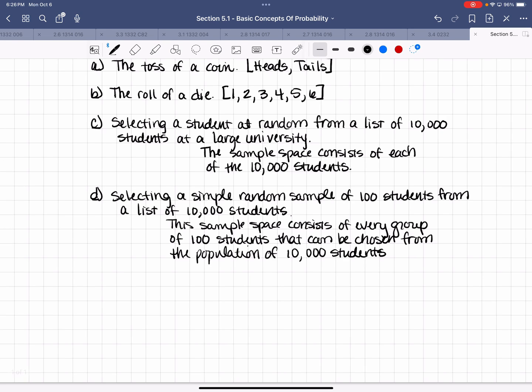A couple more definitions here. An event is an outcome or a collection of outcomes from a sample space.